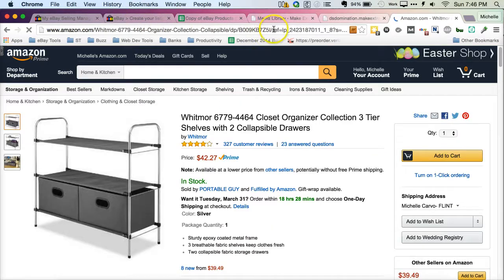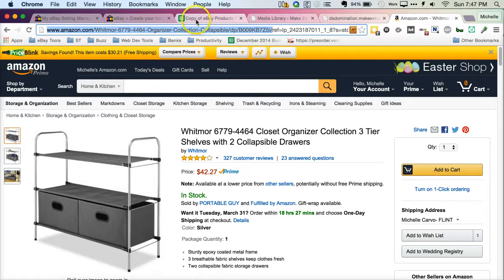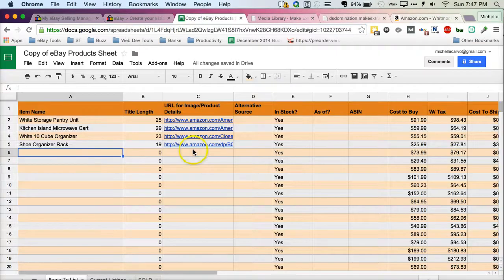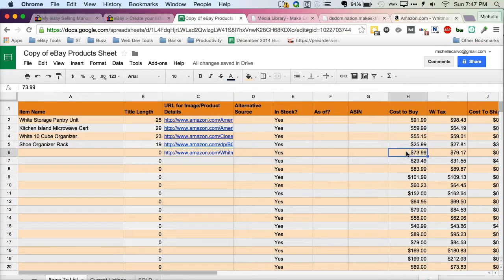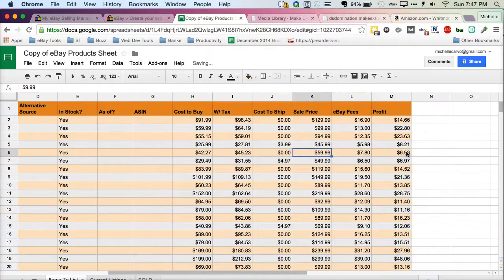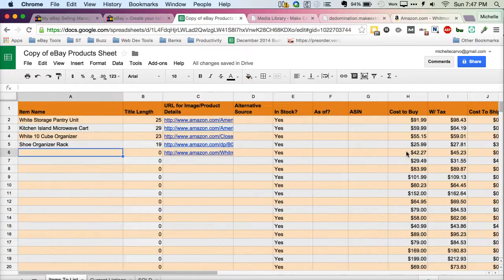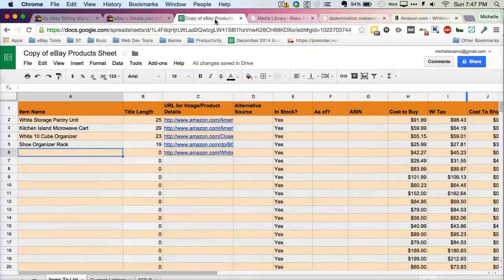We'll just grab this one right here. $42.27. And we don't have to pay for shipping for this one, so let's say we mark it up to, I don't know, $64.99. It's an $11 profit, and again, this is a closet organizer, okay?